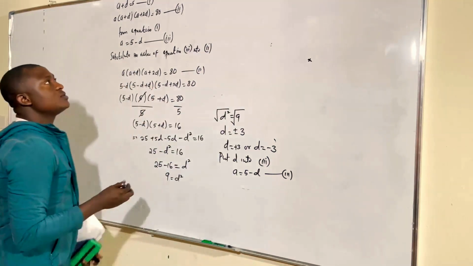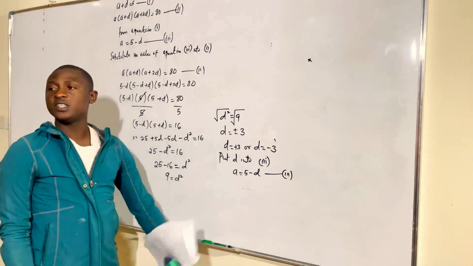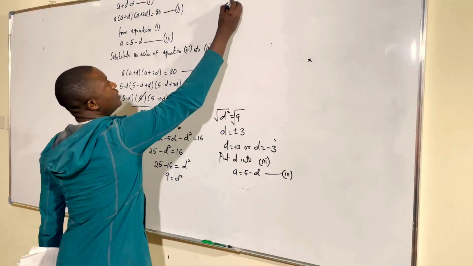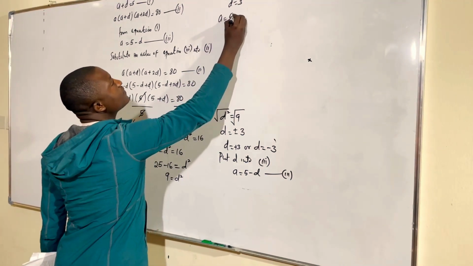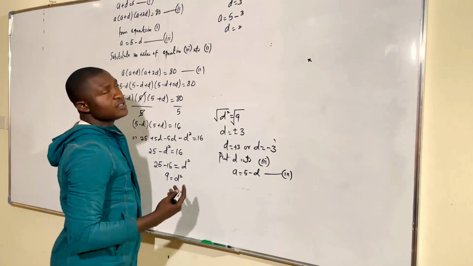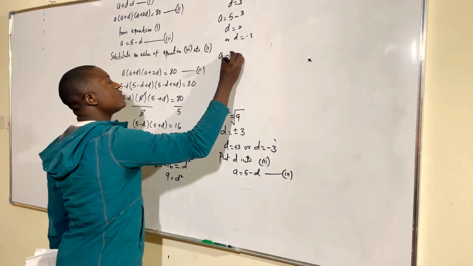So I have two values now. So I will use the first one. What is a for d to be 3 now? If d is 3, that means we have a equal to 5 minus 3. So meaning my a will be 2, right? Or when d is minus 3, what I have is that a is equal to 5 minus d.